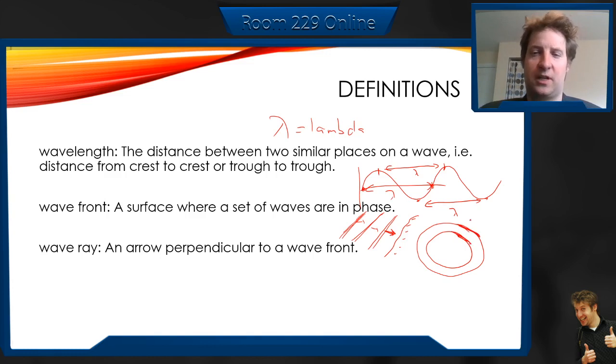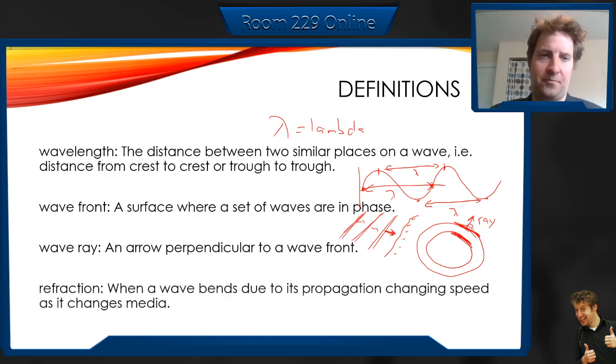We'll talk about this when we look at what we call Huygens' principle, how waves actually propagate. So the wave ray is a line perpendicular to the wave front, and the wave front is sort of the line of the wave as it travels. A little bit complicated. We'll talk about it more later.